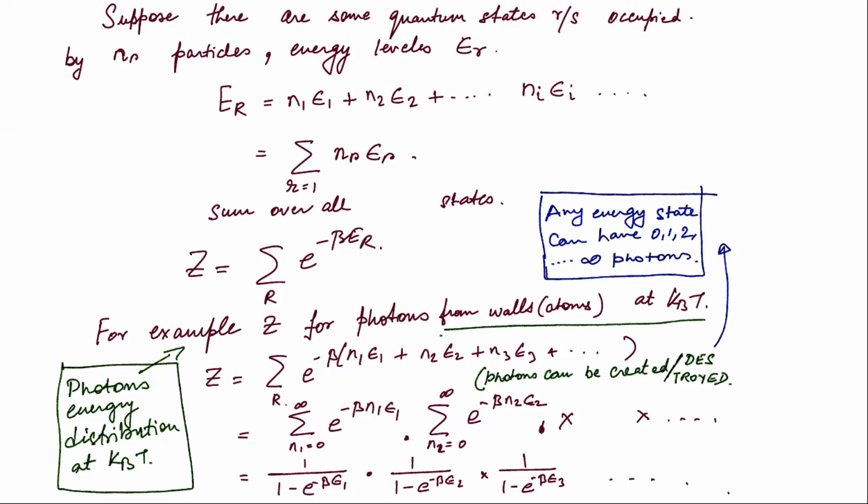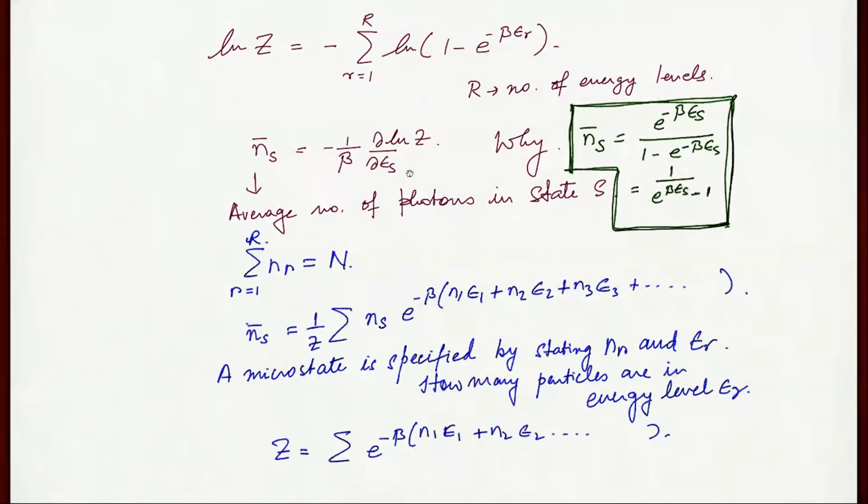So you really have to give a weightage, a probability, for different microstates, and for those microstates there will be a certain number of particles in, suppose, energy level epsilon 1, and then you are taking a suitable derivative with respect to it. Because this n bar s, as you know, is 1 by Z sum of n_s, if you take a derivative with respect to epsilon s, then what you will get back is beta n1. That's why you have an extra beta here.